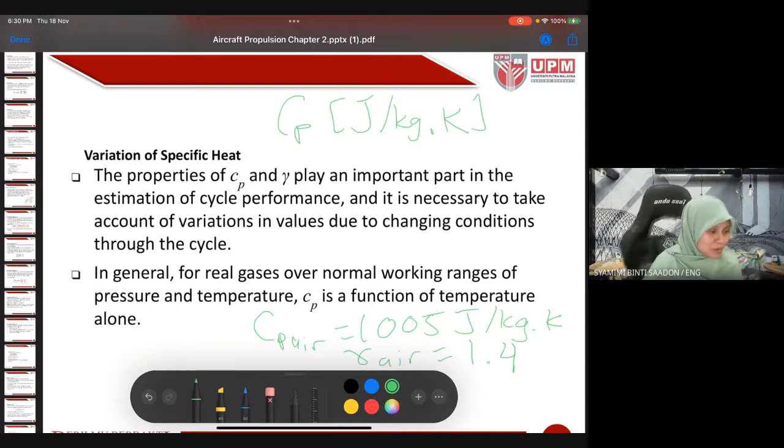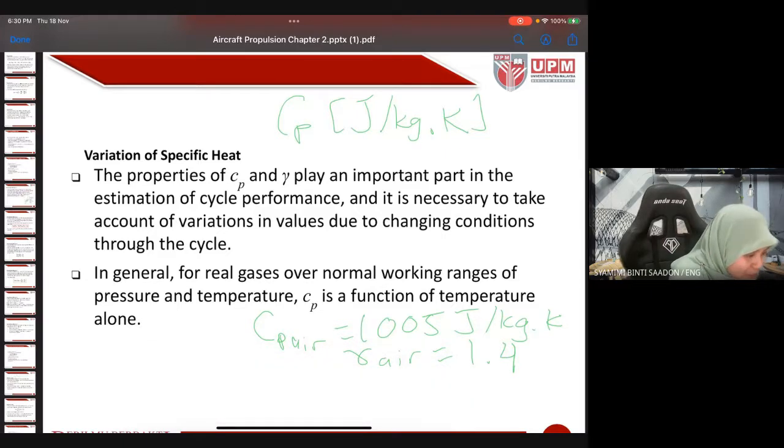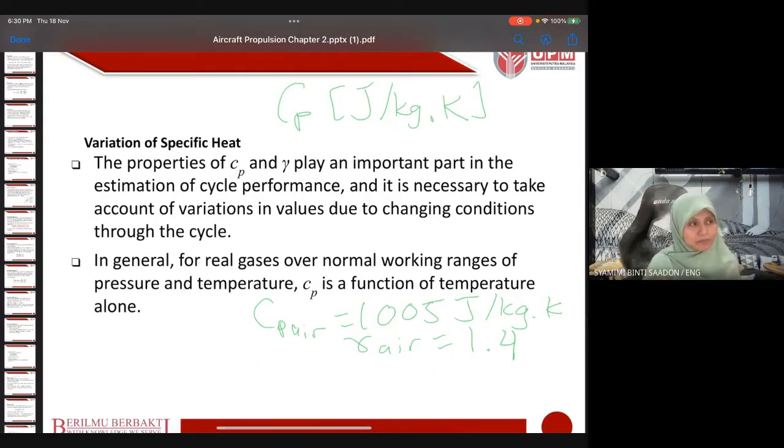So in order to really take into account the performance of the cycle, we need to consider that this C_P varies according to the temperature. Normally there is some sort of correlation expression, depending on the type of fluid and the process.